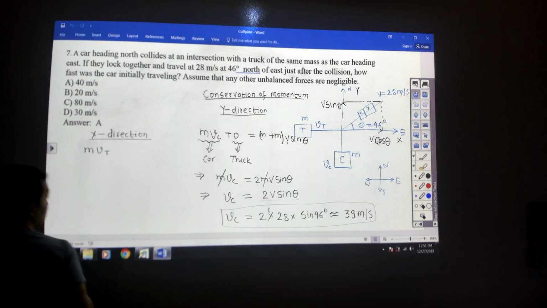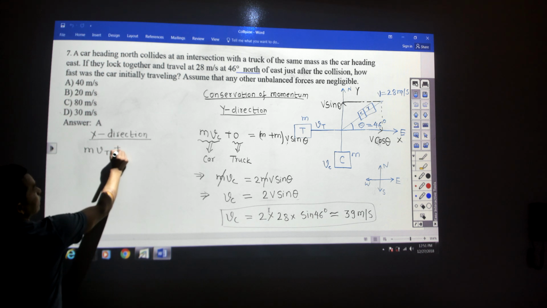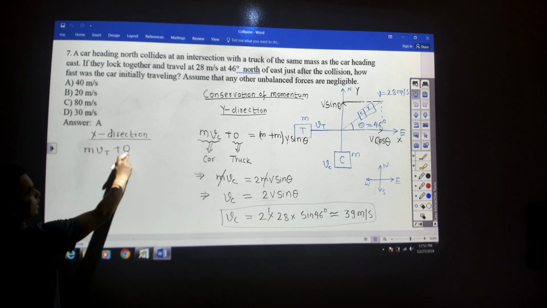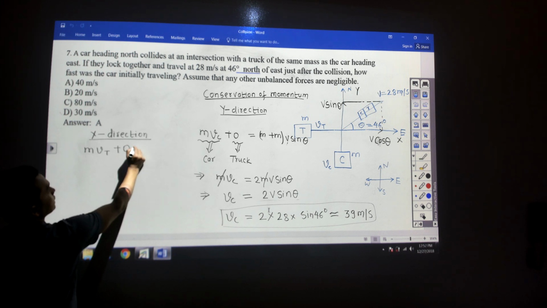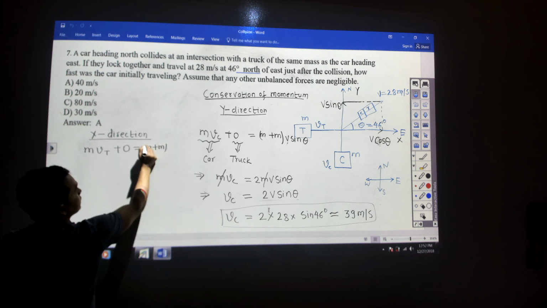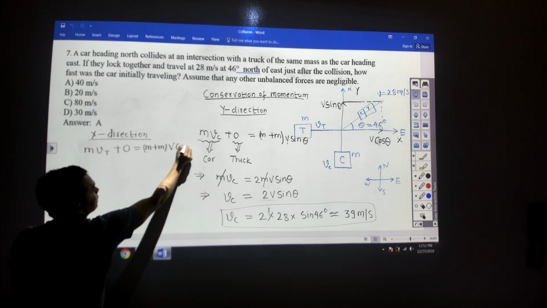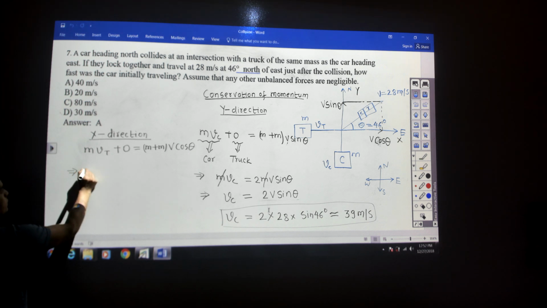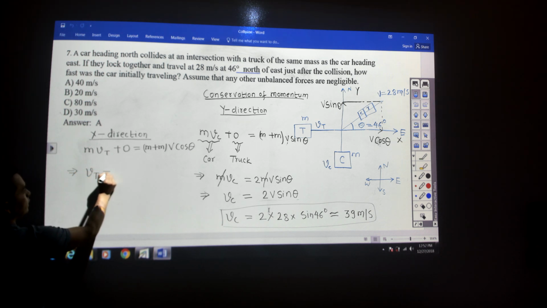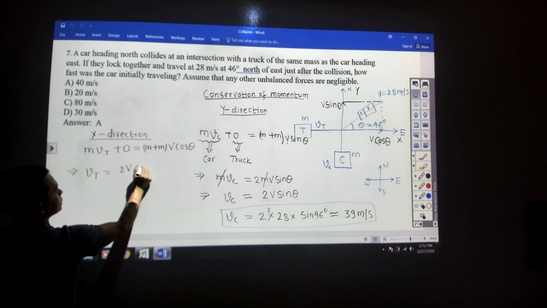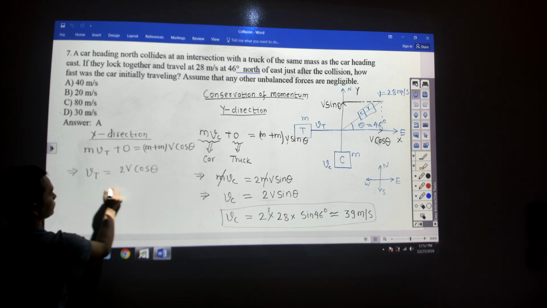So the car has no momentum along the x-axis, and the final momentum is m plus m times v cosine theta. From this expression, you should be able to calculate vt.